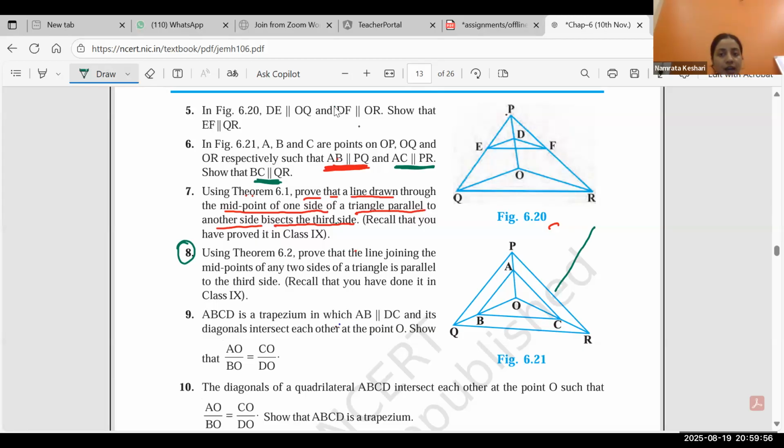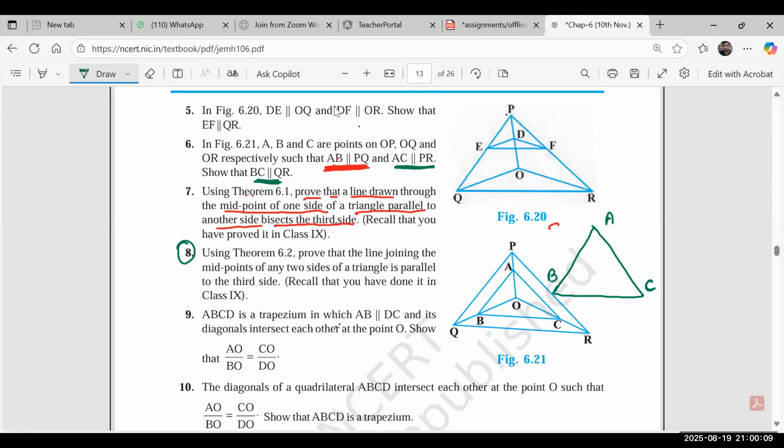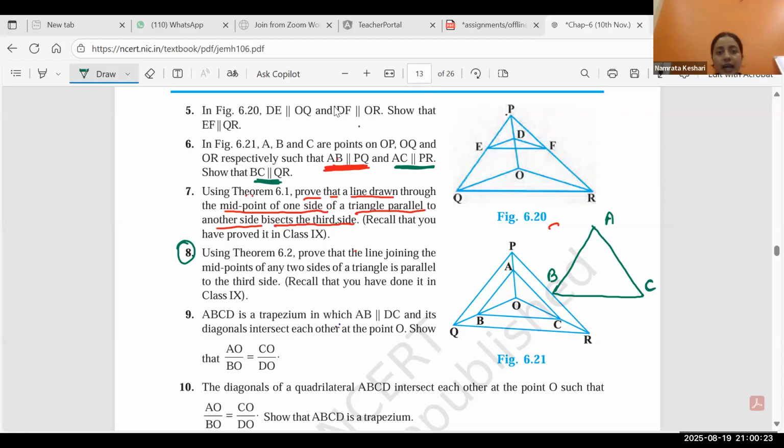So we will say that we have a triangle ABC. Prove that the line joining the midpoints.